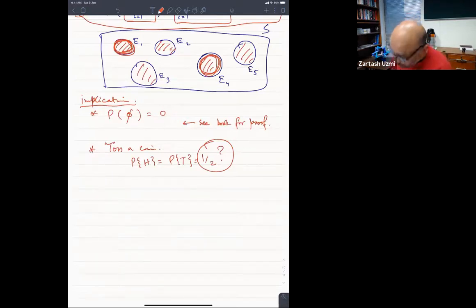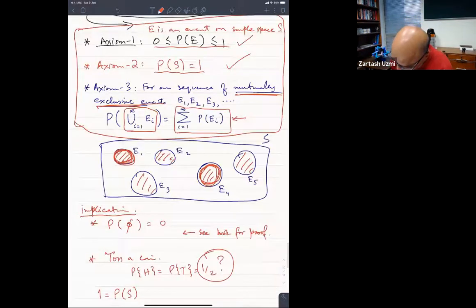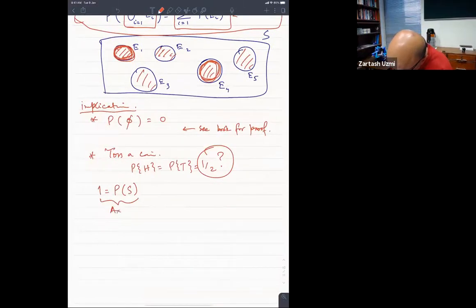How? 1 is equal to probability of S. This is my axiom 2. This is equal to the probability of head union tail. Why do I write that?